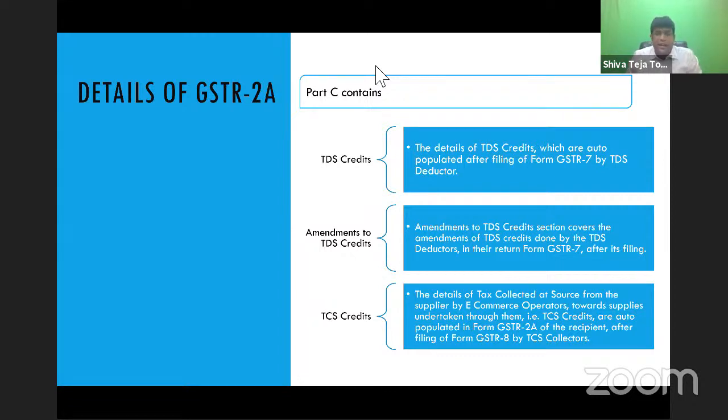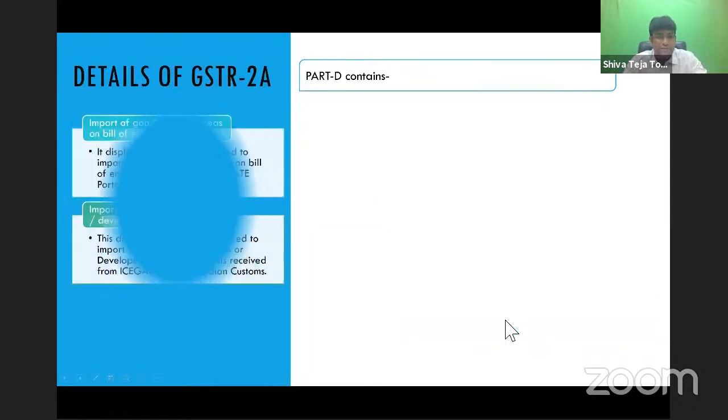So if you're eligible to take credit, take credit. If you're not eligible to take credit, reduce the credit. That is the effect of amendments. I hope your question is answered. Yes, perfect. Thank you.